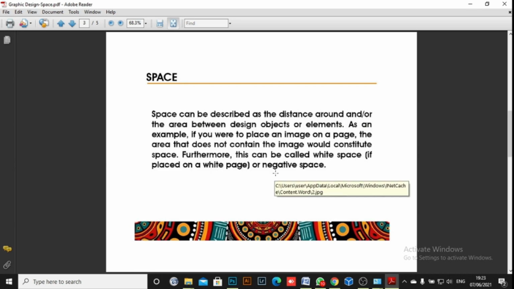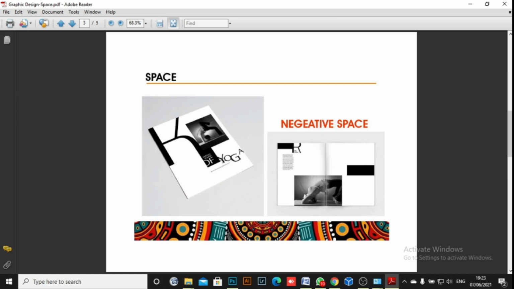Let's look at a practical example. Look at this project. You can see a lot of space here. Look at the elements and look at the lot of space here, making it so much more interesting. The eyes will not be troubled too much.